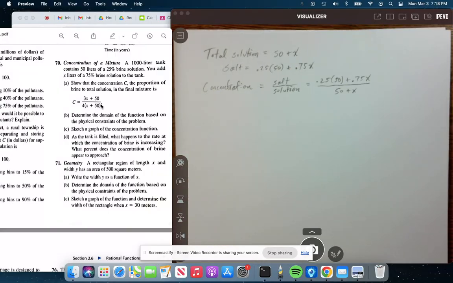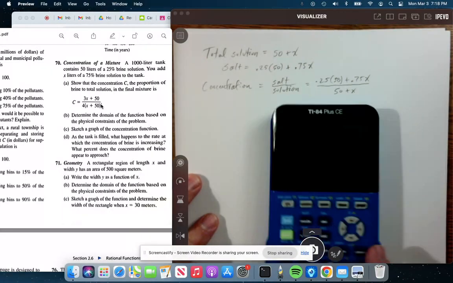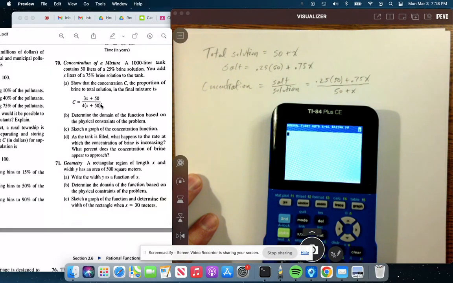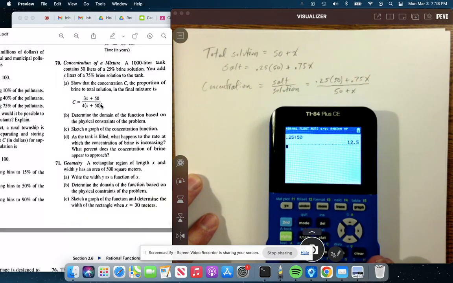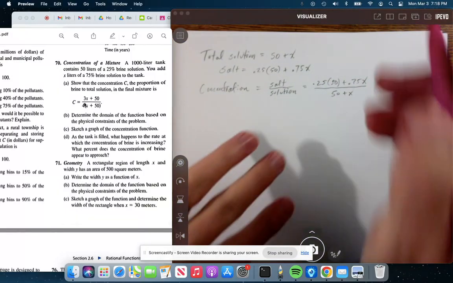So let me get rid of these decimals. What is 0.25 of 50? That's 12.5. Maybe I'll just leave it. Yeah, I see this 3/4, which reminds me of 75%. So how about this?